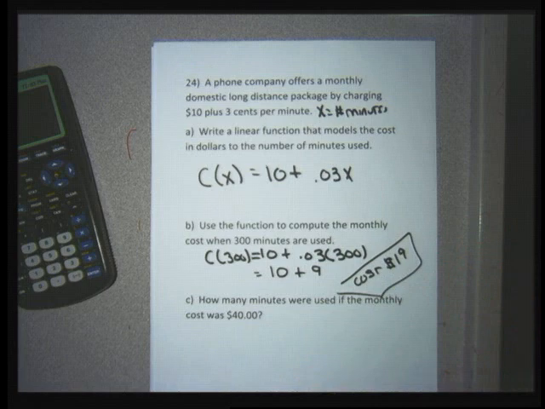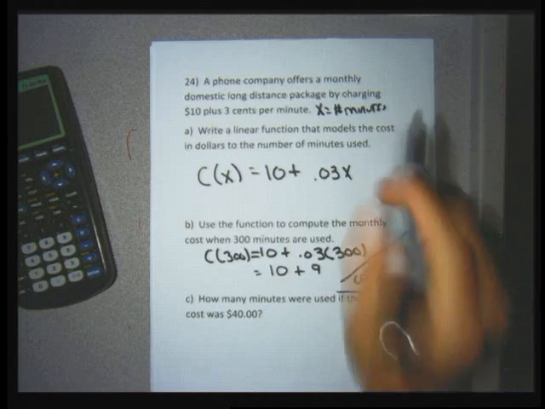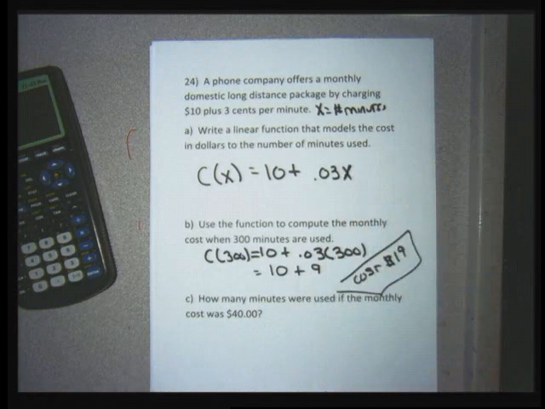And then the last part, C, it says, well, if my bill is $40, how many minutes did I talk? Well, if I paid $40, if I plugged $40 in for x, that would be like, if I talked for 40 minutes, how much would it cost?